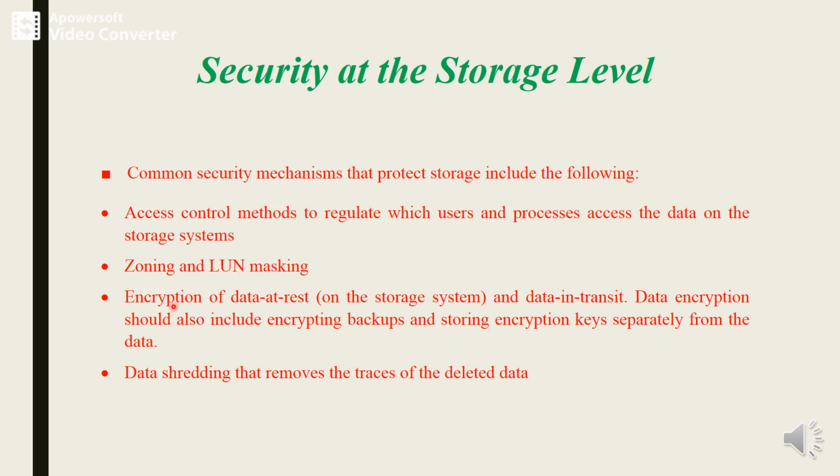The third method is encryption of data sets, data at rest, that means at the storage, and data in transit, so while transmitting. Data encryption should also include encrypting backups and storing encryption keys separately from the data.